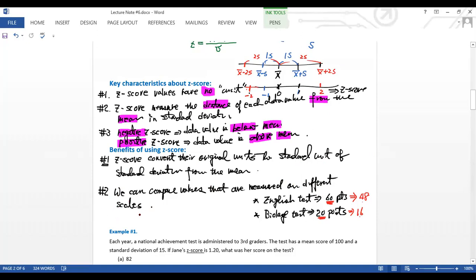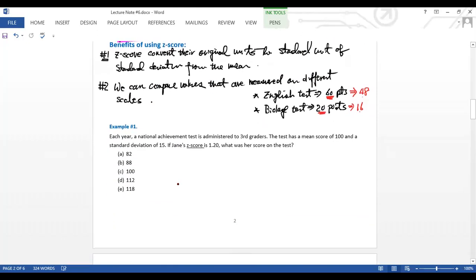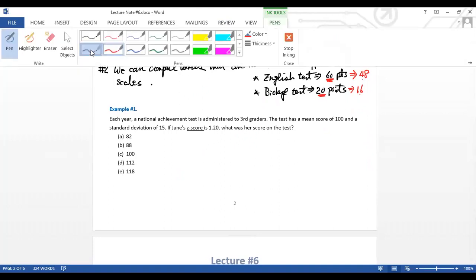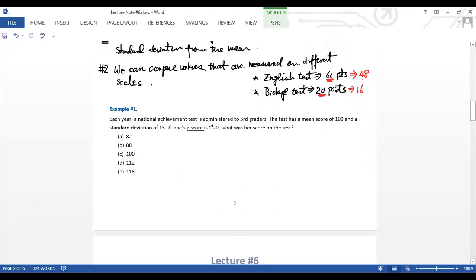Okay, now let's take a look at the first example. Here it says that every year a national achievement test is given in the third grade. The test has a mean score of 100 and the standard deviation is 15.